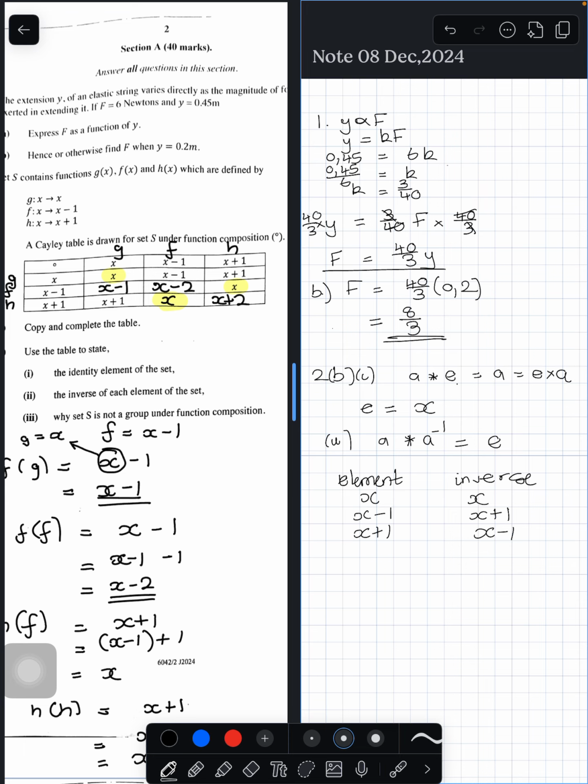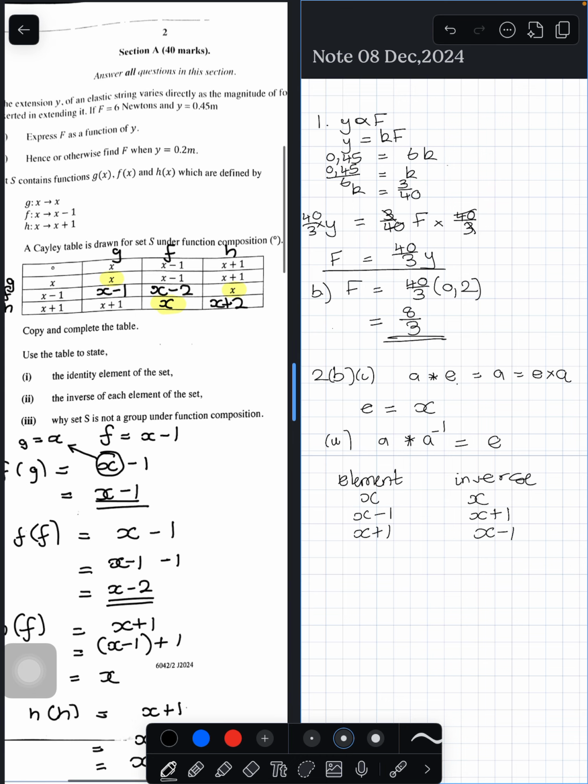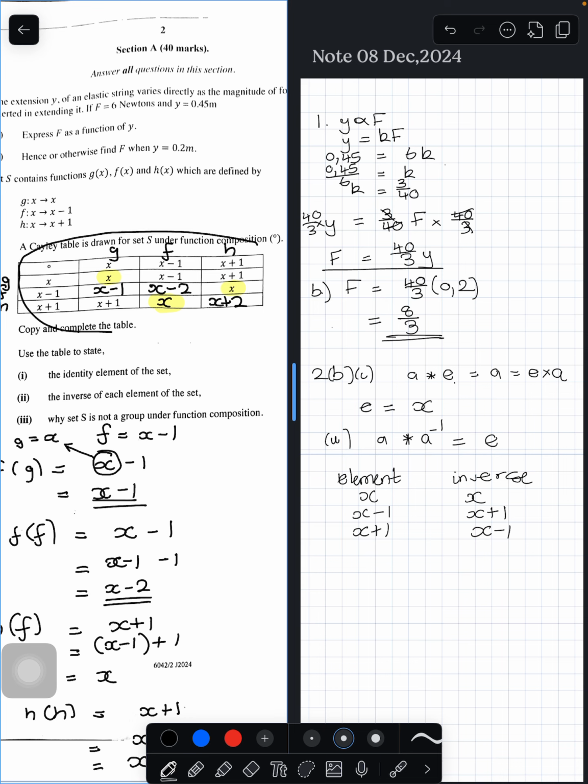If you notice on our Cayley table here, something is happening. We have new elements that were not there. For a group to be a group, it is supposed to satisfy 4 axioms, and already the first axiom has been affected.